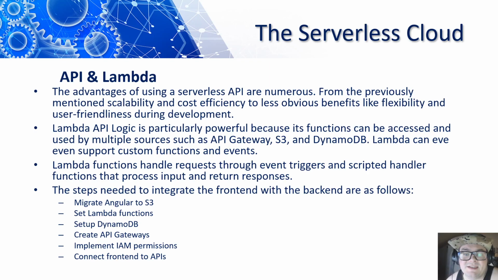We then implemented IAM permissions. These are role-based permissions that make sure individual functions can access the information they need, but are restricted to only the information they need. And then we connected the front-end APIs, and everything kind of clicked together.